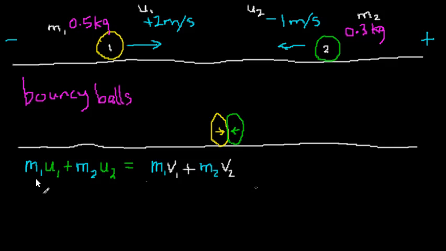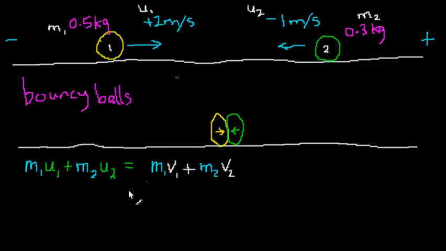Okay, the first step is this. Let me rearrange this equation a little bit. Let me just remind ourselves about where the numbers come from. So M1 U1 comes from this ball, the momentum of the yellow ball.